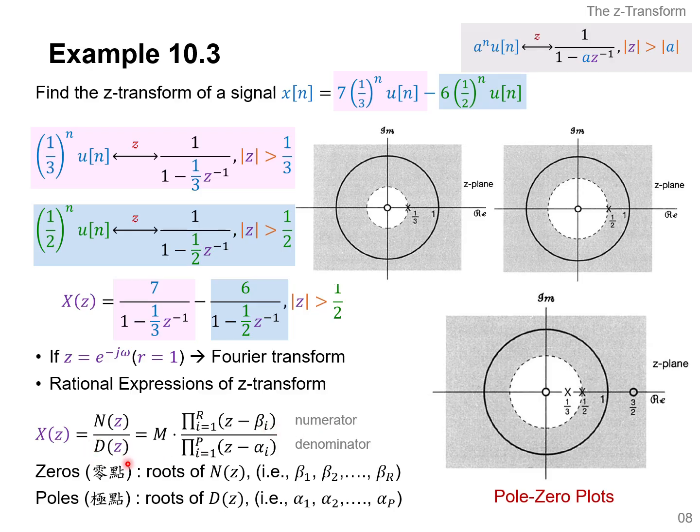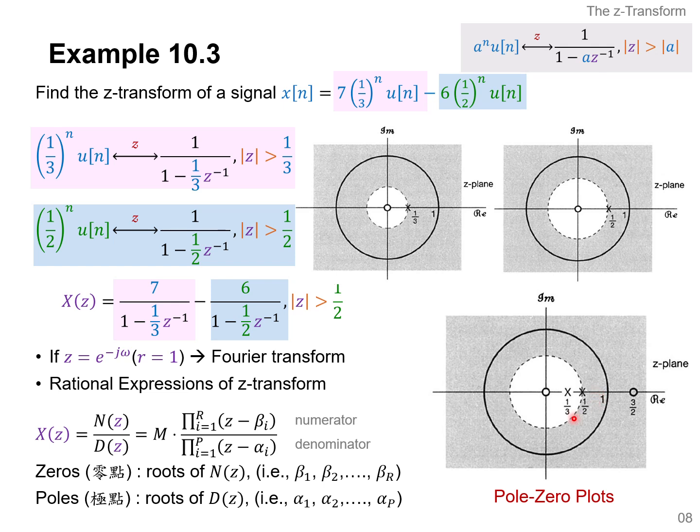D of z, the denominator, gives the poles of X of z. So in this example, the poles are at z equals 1/3 and z equals 1/2. The ROC is the magnitude of z larger than 1/2.